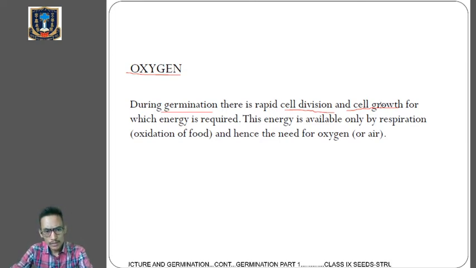And mainly for this process of cell division and cell growth, it requires energy. Clear? And energy is mainly available only by respiration. And for respiration, what is needed? Oxygen is needed.